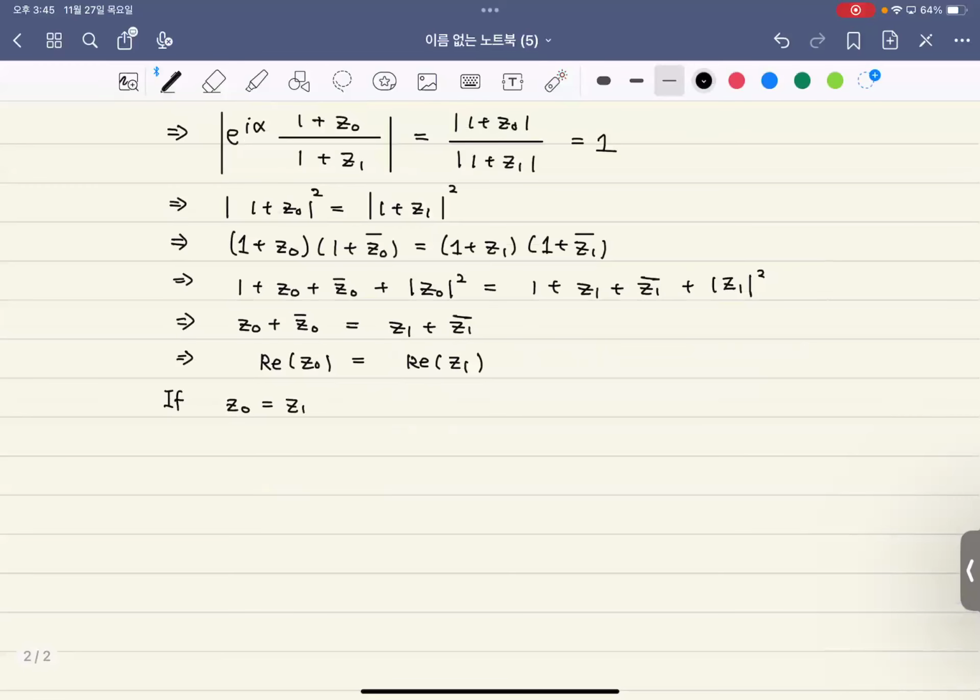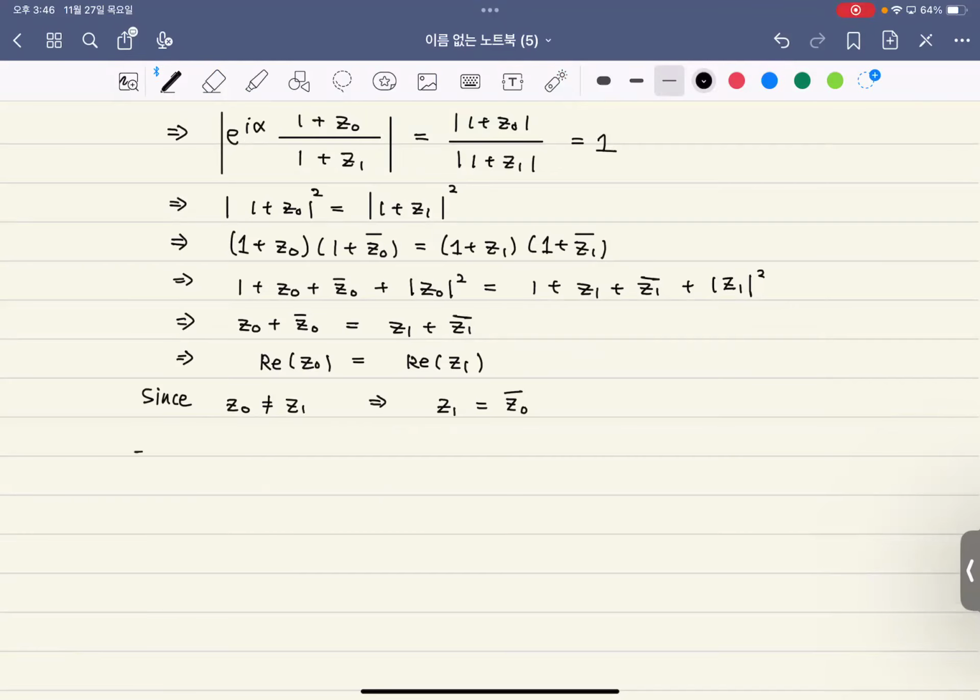Therefore, since z0 can never be the same as z1, z0 must be the complex conjugate of z1. Sorry, I changed my mind. So z1 is the complex conjugate of z0.